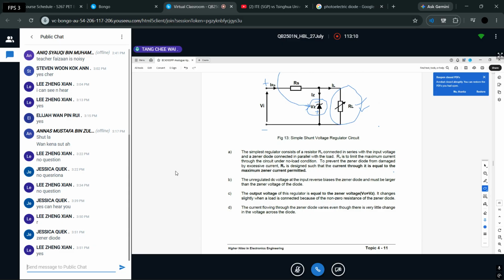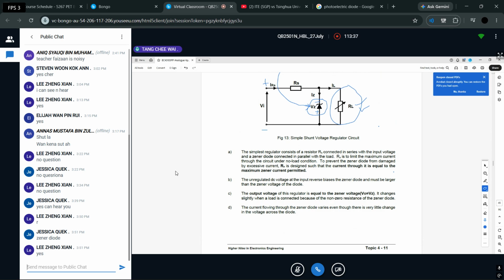You choose the rating that you want, and then they will maintain that for you. Example, if I choose a 6.8 volt Zener diode, my output will be 6.8 volts. It hardly fluctuates or changes, so it's very stable. Just as I mentioned, whether the current increases or decreases, my output voltage will remain constant.